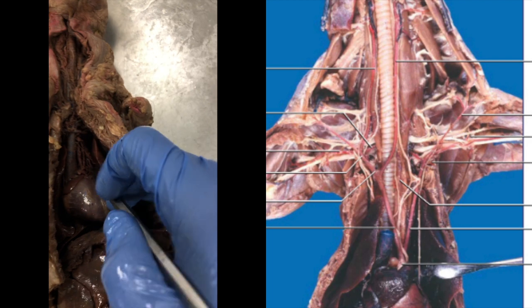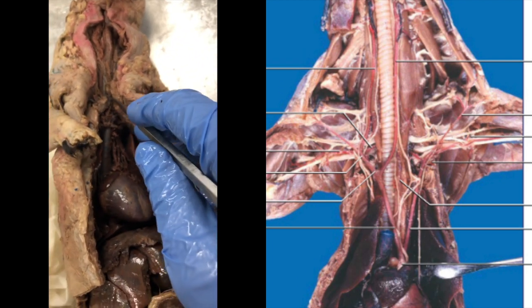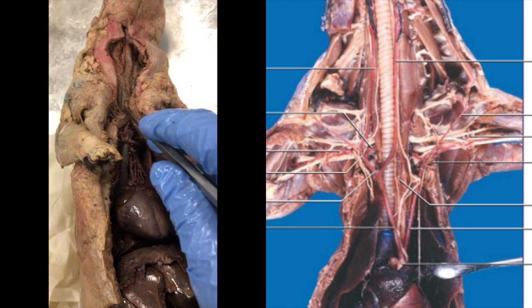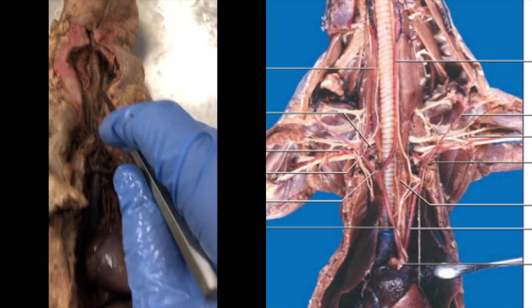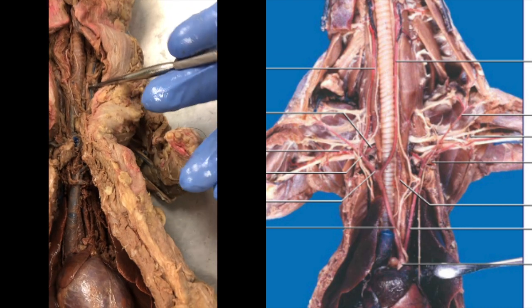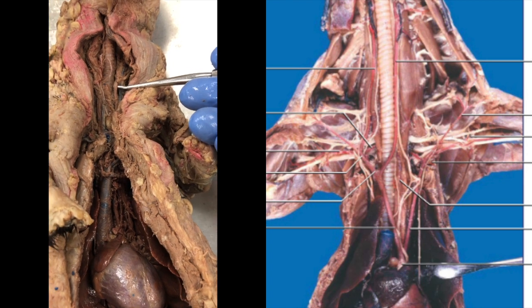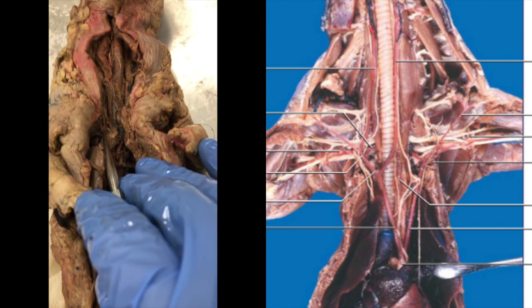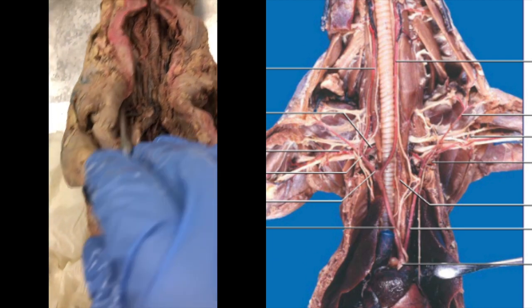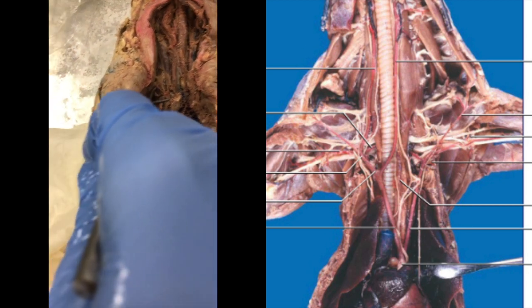So over here, the right brachiocephalic artery, as it approaches the brachiocephalic trunk, splits the first time into the left common carotid. The left common carotid you can see right there next to the left internal jugular vein, and then over here, as it continues out past that, you can see that vein stretching out.